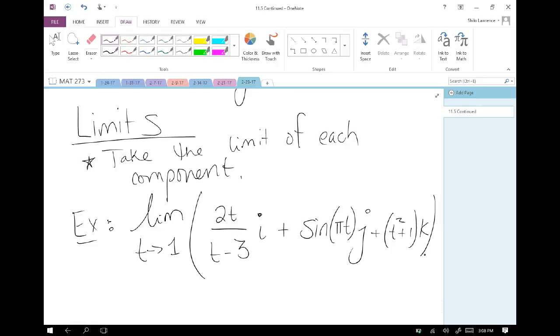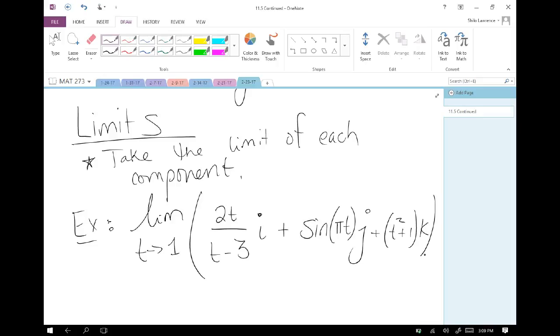What's the first way you should always try to do a limit? Graph it. Plug in 1. Direct substitution. Yeah, see if it's indeterminate form. Always just try to plug it in and see what happens. It's called direct substitution.